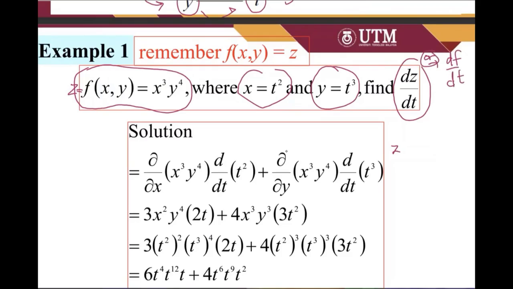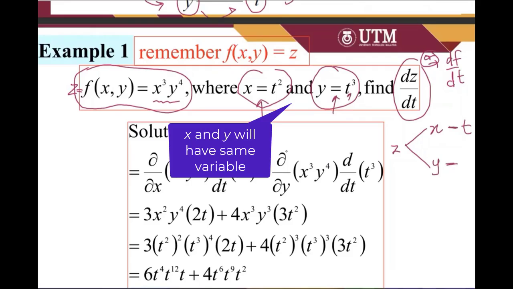So z consists of what variables, class? A function of two variables, x and y. And x consists of what variable? t. And then you check, y consists of what variable? t, right? We just draw the tree again so that when you answer the question, you can remember the tree is like this.